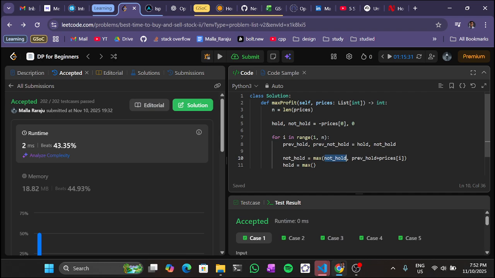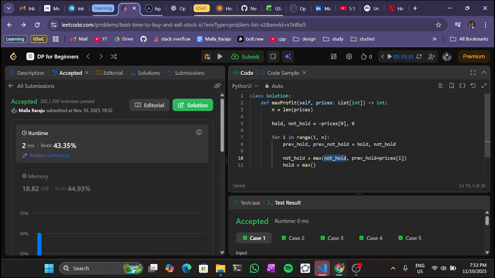Zero, or if you choose not to hold now, that means there are two choices.